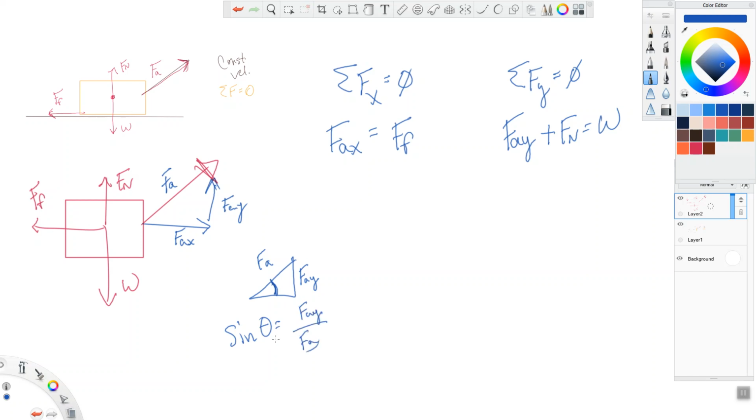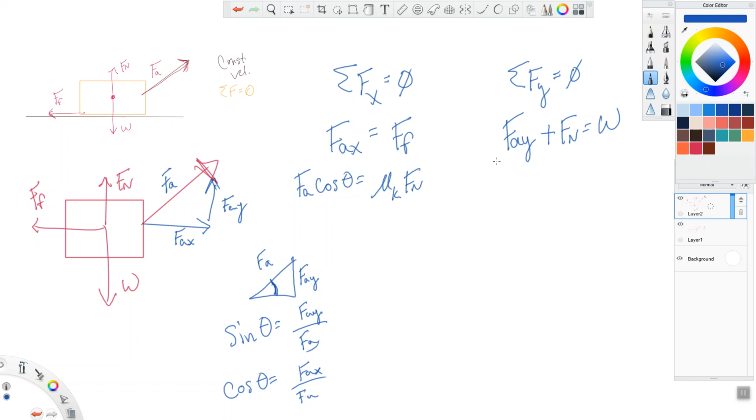So I can use a little bit of math magic here and say force applied in the x direction is going to be cosine theta times force applied. So real quickly, that just means force applied cosine theta equals frictional force. Now we just talked about the frictional force formula and say it's an object moving at constant velocity, so that could be mu sub k times force normal.